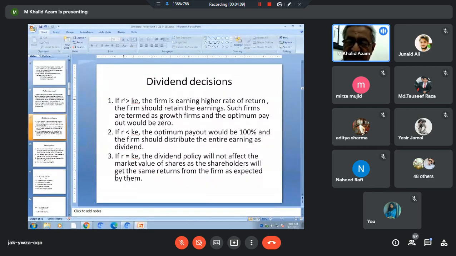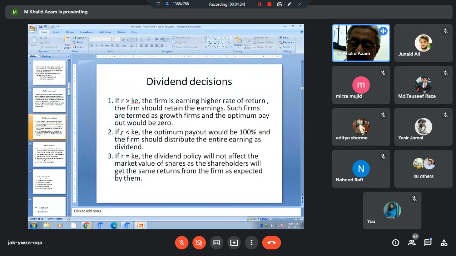If the rate of return given by the company or expected by the company is more than its cost of capital, then it will be considered a growth firm. Why? Because the rate is more. The naming is all right, no problem.